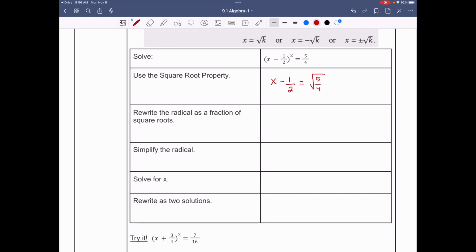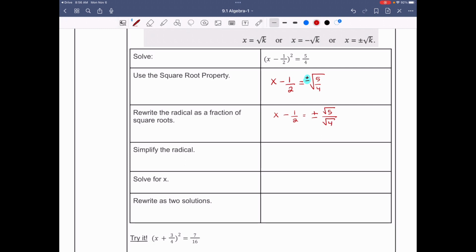But remember it said that it was going to be plus or minus, so it's important that we put the plus or minus. And then we're going to rewrite this as x minus 1/2 is equal to plus or minus the square root of 5 over the square root of 4.